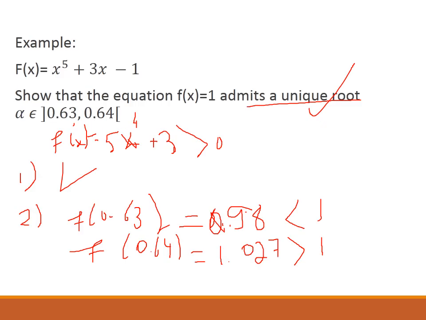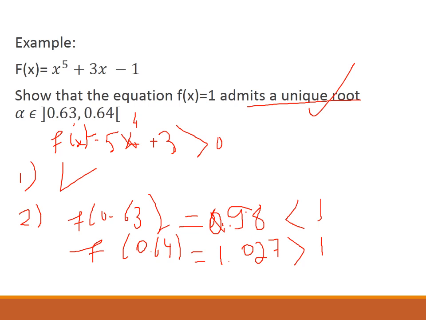We have f of x equals x to the power 5 plus 3x minus 1. We need to prove that f of x equals 1 admits a unique root. What we are going to do is, first we find the derivative, the same concept.